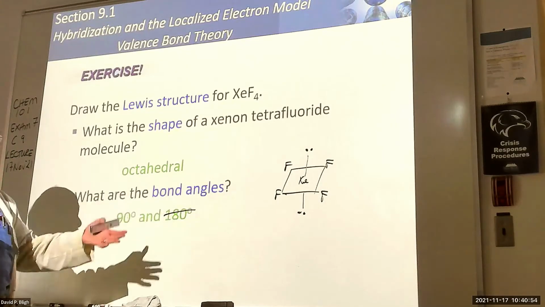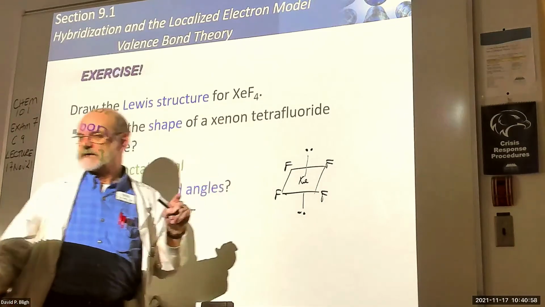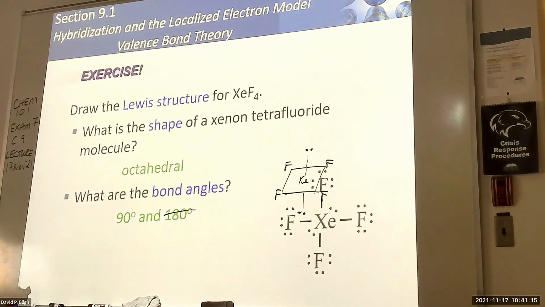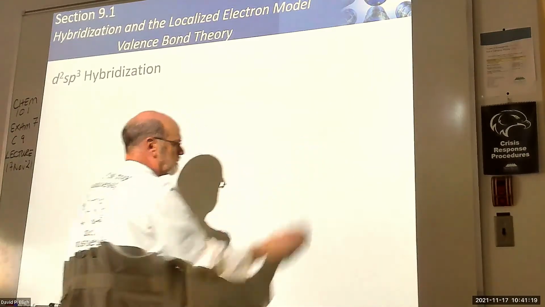So it's a square planar molecule, but we need 6 hybridized orbitals in order to hold the bonding electrons and the non-bonding electrons. So that means we go back and dip into the Ds again. So now we have D2 sp3, 6 equivalent orbitals.